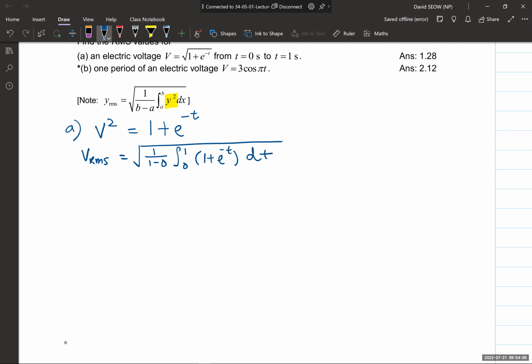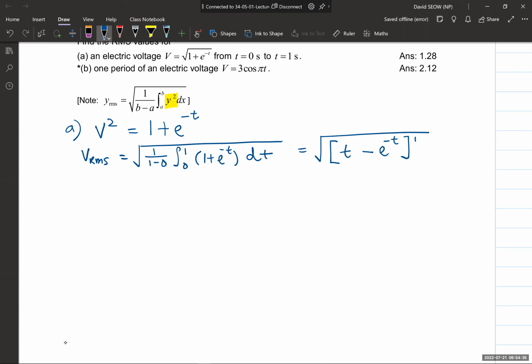It looks a bit awkward, if you ask me. If I simplify it further, I have the square root of 1 over 1 minus 0, which is 1, then the integral of 1 plus e to the minus t. Integral of 1 is t. Integral of e to the power minus t will be minus e to the power minus t.